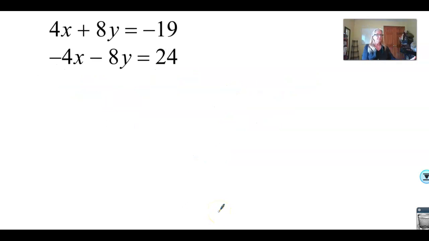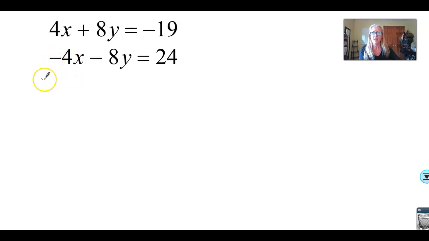Okay, in this example, spoiler alert, something weird's going to happen. We do have opposite terms. We have a negative 4x and a positive 4x. But notice we also have a negative 8y and a positive 8y. How is that going to work out?